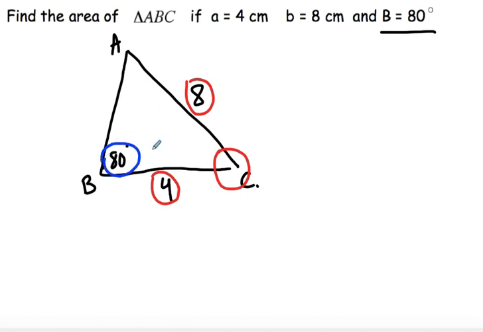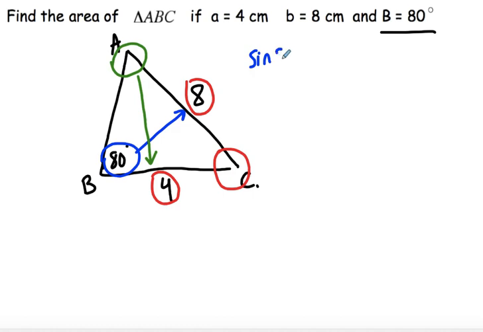I've got angle B and side B. I know those. And I could find angle A because I know side A. So let's set up law of sines and solve for angle A, and then we'll be able to get angle C from that. So let's do the blue relationship.